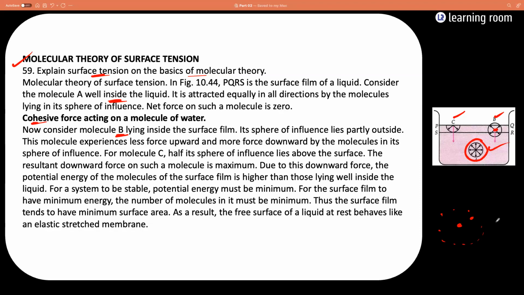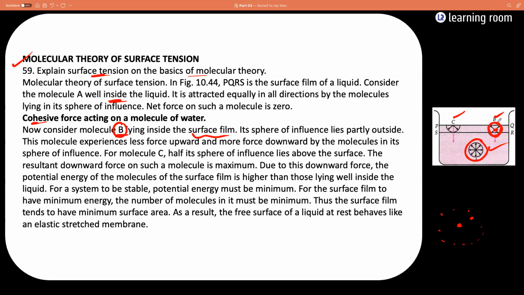So if you join all those points, you get a shape which is called the sphere of influence. If you consider a molecule B lying inside the surface film, its sphere of influence lies partly outside, meaning this part is inside the liquid and the other part is outside the liquid.